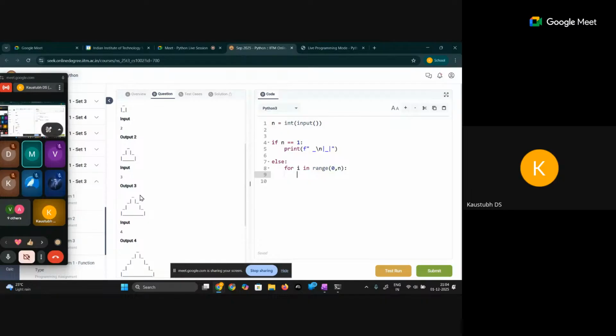Exactly, so we are printing this first line. So I'll do exactly that. If i is 0, we'll print something. But what is that something? That is the question.